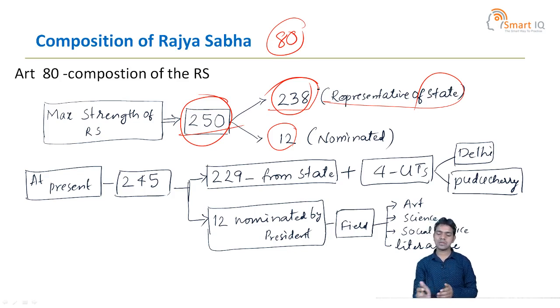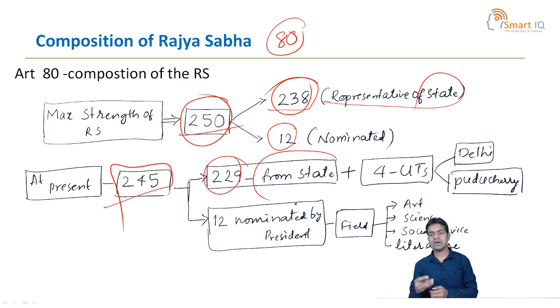But at present there are 245 members. Out of the 245, 229 members are from the states and 4 representatives are from the UTs, only Delhi and Puducherry.